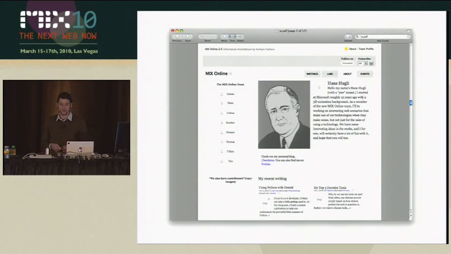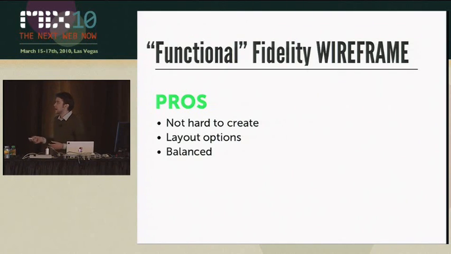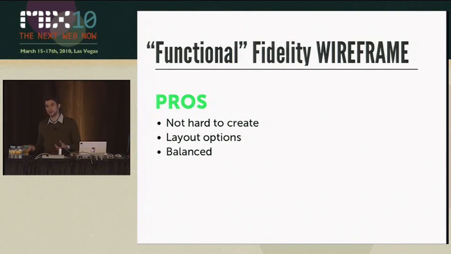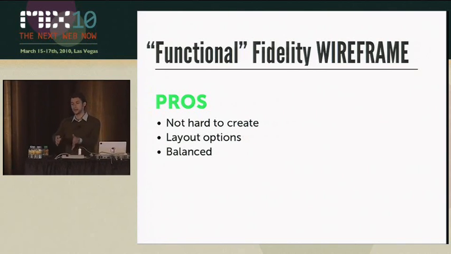So again, some of the positives are these aren't hard to create either. If you're good with Visio or OmniGraffle, these things can take an hour to create, half an hour to create. It all depends on what project you're working on. And they start to set layout options. And layout options can be really helpful for a designer. Sometimes it's really exciting for me to just see, OK, this is a possibility.